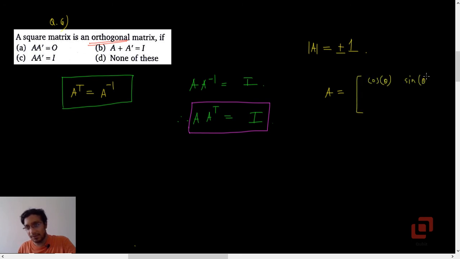Cos theta sin theta, minus sin theta cos theta. You must have seen this matrix in your textbook, right?